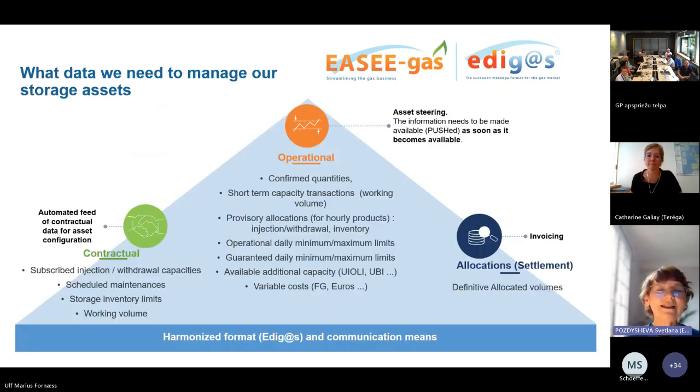But we need a lot of data to be able to manage it efficiently. So here I'll start with the light blue triangle to describe what we need. First of all, storage products are much more dynamic now.